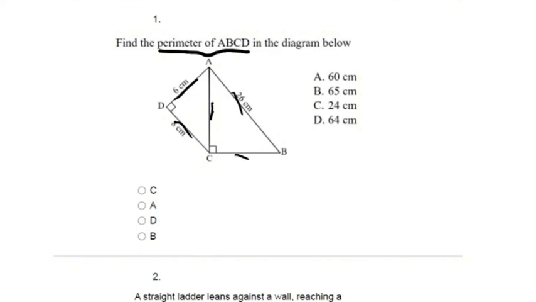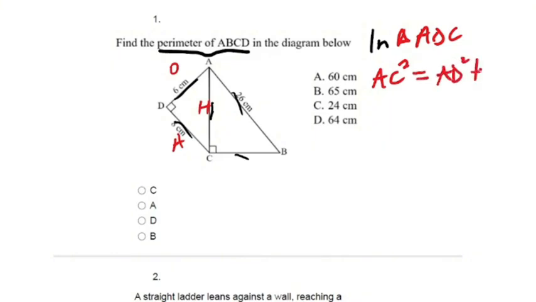To do that, we're going to make use of Pythagoras theorem, in triangle ADC. AC squared, which is the hypotenuse, because it is facing the right angle, and this is opposite and adjacent. So AC squared equals AD squared plus DC squared.